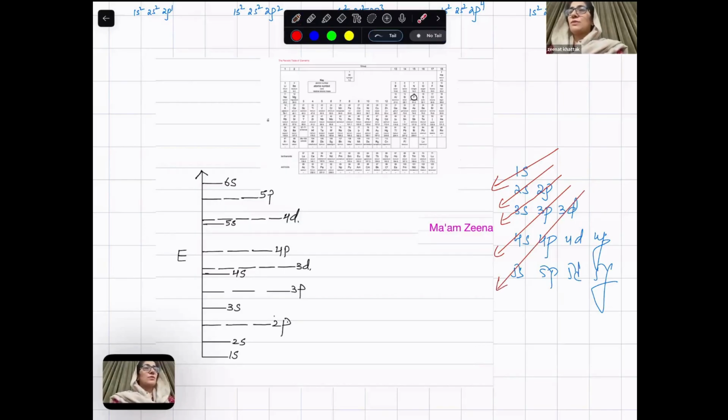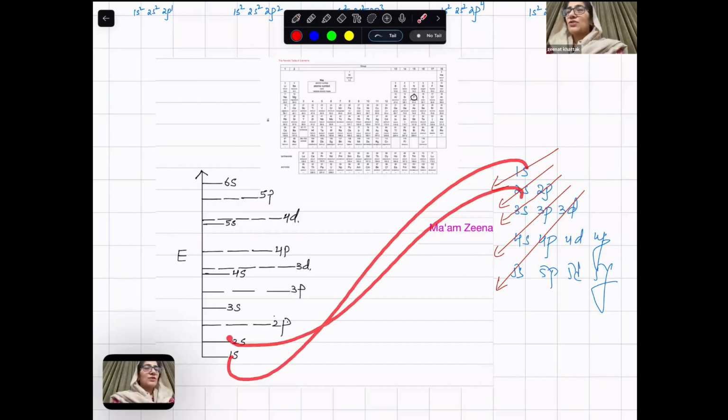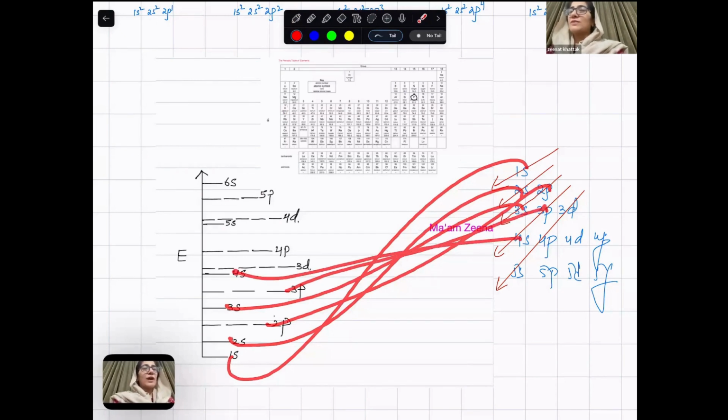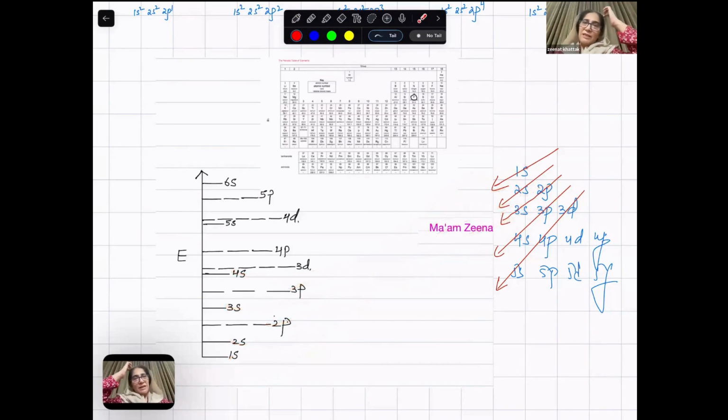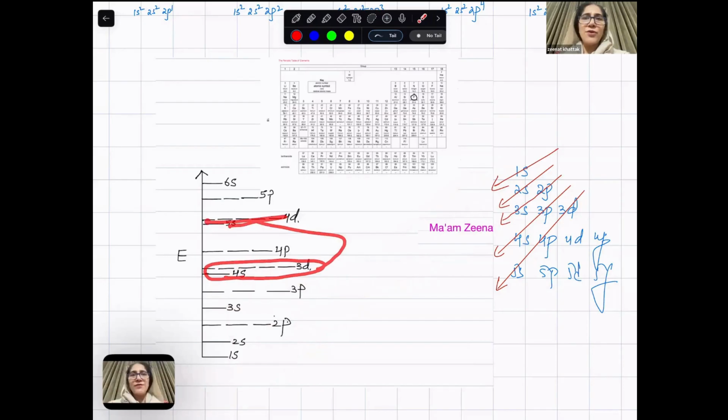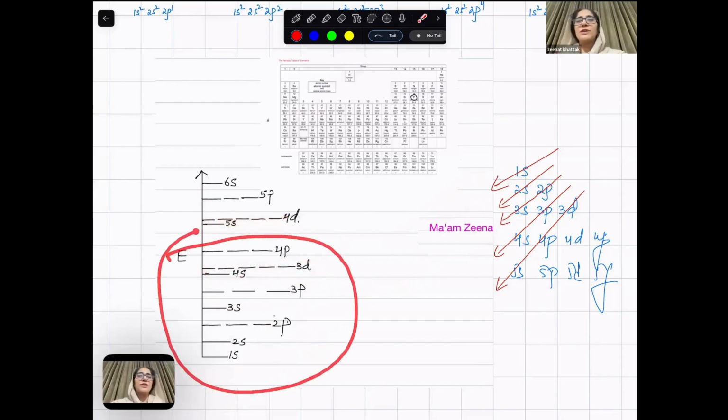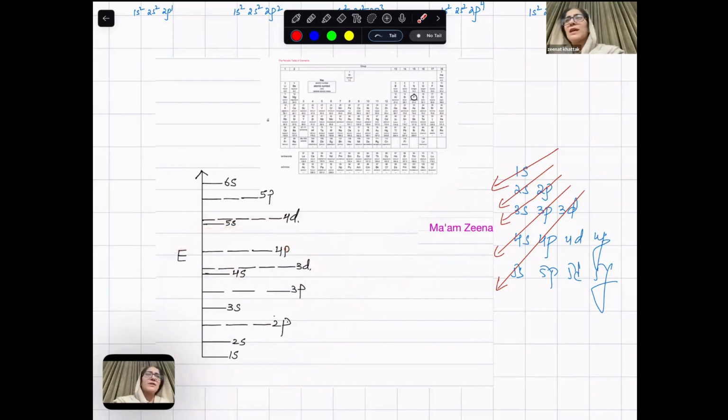The main point you must know is that 4s and 3d are very close, and exactly the same pattern, 5s and 4d are very close. But in our course, we are supposed to do it up to 4p, like Krypton 36.